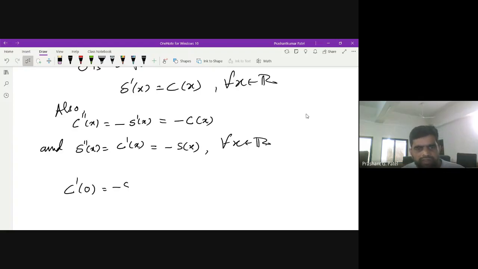That is minus S of 0. S of 0 is 0, and S dash of 0 is C of 0, and C of 0 is 1.